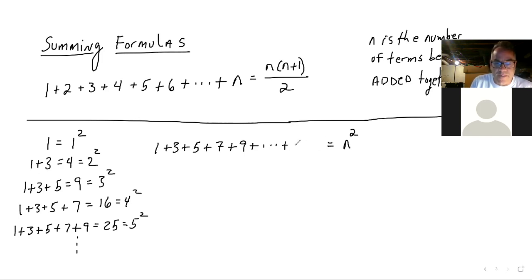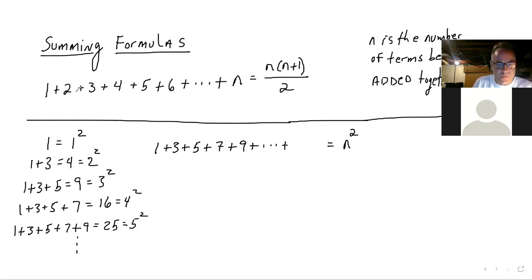But how do I write this nth term? For these kinds of summing formulas, we have to figure out a way to write that term in terms of n, the number of terms that I've added up. And every summing formula looks a little bit different.